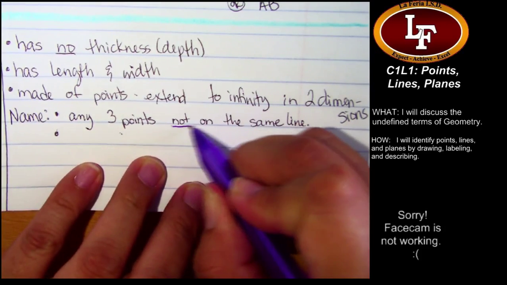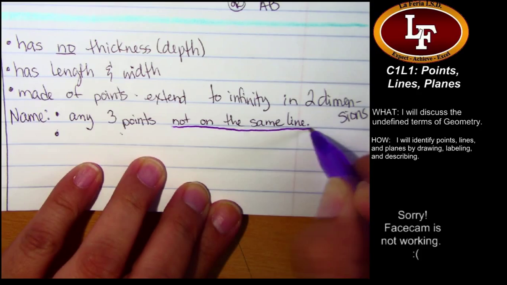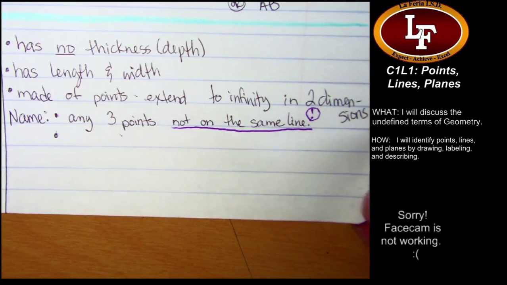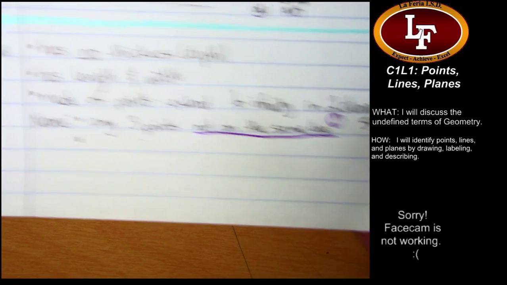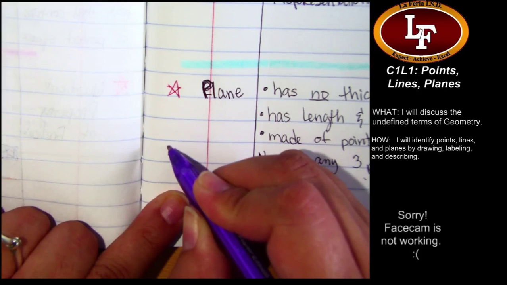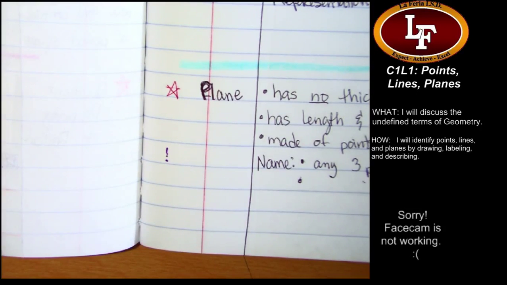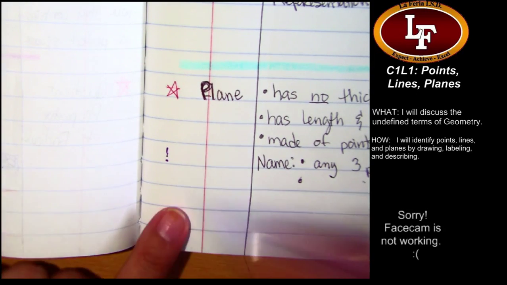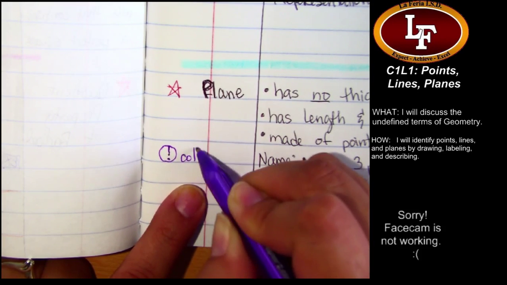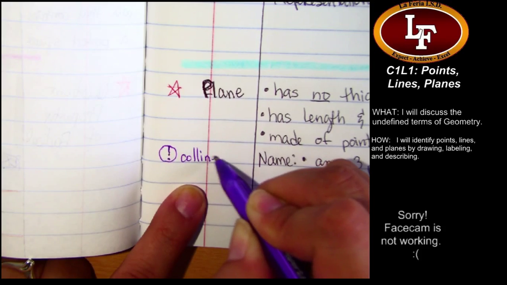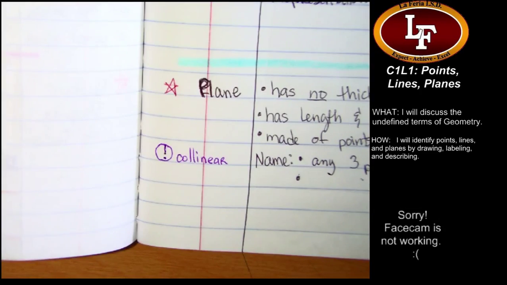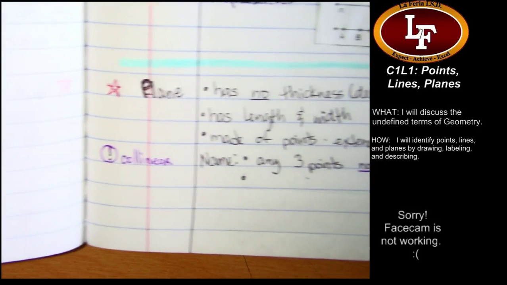I'm going to underline this right here, not on the same line. I'm going to put a little exclamation point behind it. And I want you guys to follow me over to the left-hand side and put an exclamation. It said not on the same line. We've underlined it.